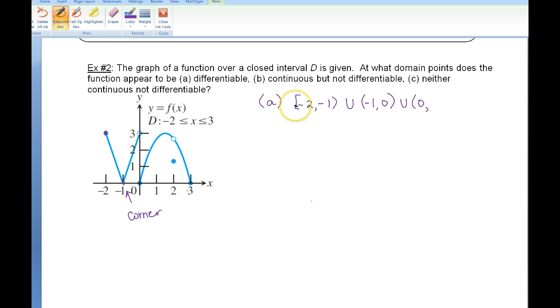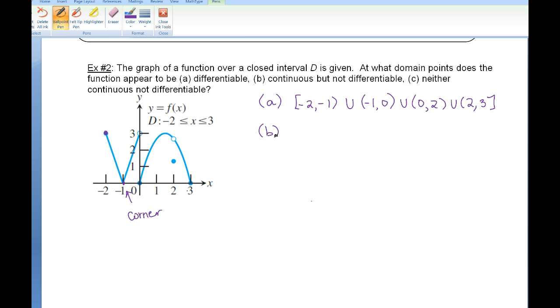Technically, this first bracket where I put -2, most books will be fine with using parentheses. Bracket or parentheses is fine. So then 0 to 2, and then 2 to 3. Right, so all of those places it's differentiable. Basically the numbers we've excluded would be the corners and the discontinuities.